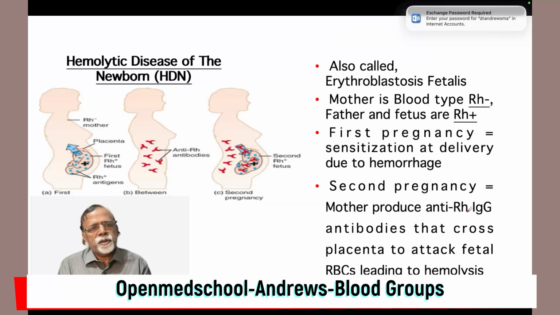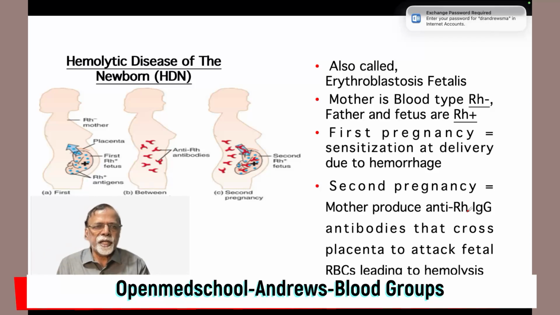You might have heard about jaundice developing in newborns. When an RH negative mother has a child who is RH positive, the child will develop jaundice, especially during subsequent pregnancies.